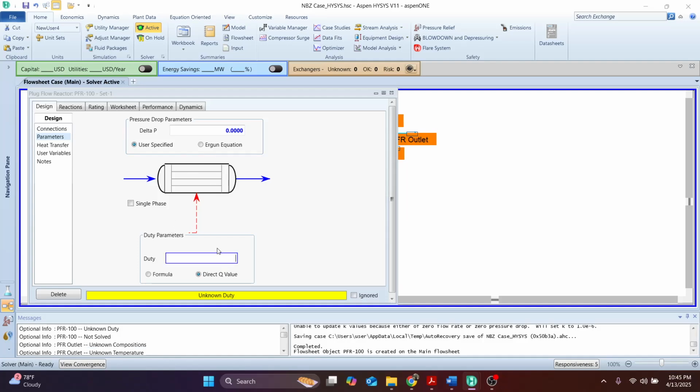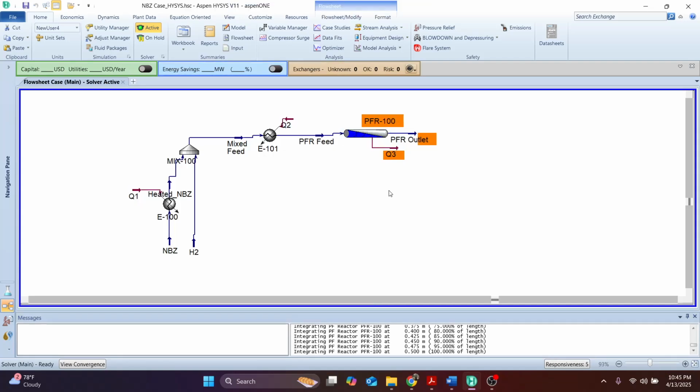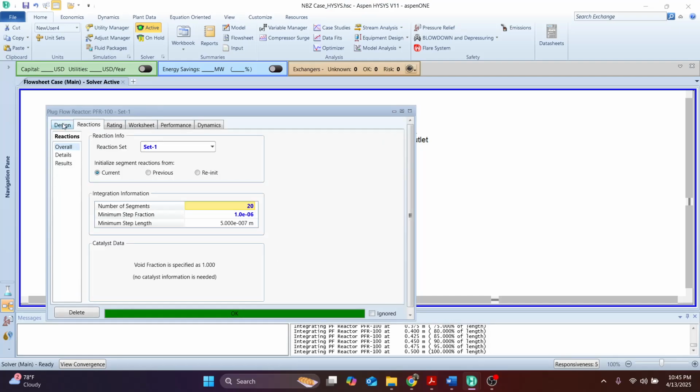And then the duty, you can set it to 0 first, because the hydrogenation of nitrobenzene is highly exothermic, so it will give off a lot of energy in the Q3. Wait, the reaction here.